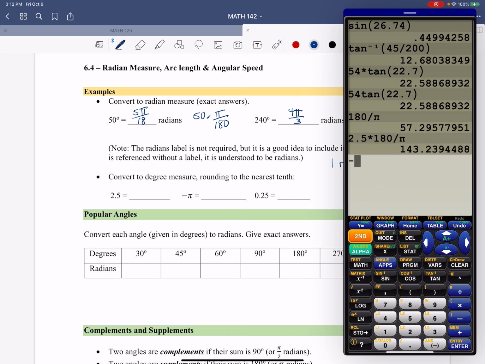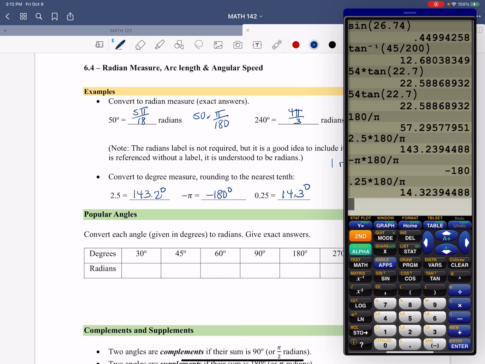We have negative pi times 180 over pi. And what you probably realize is that the pi's cross out. We have 0.25 times 180 over pi. So if I round each of those to the nearest tenth, we have 143.2, negative 180 degrees, and we have 14.3 degrees.